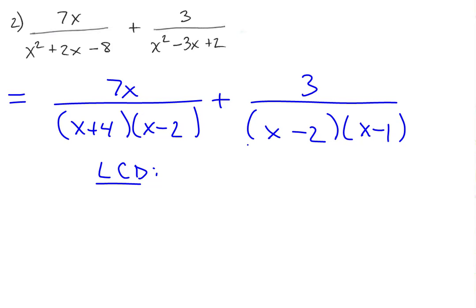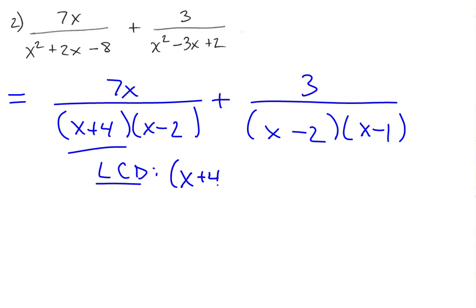So for this part, we're just going to go left to right and make sure we've captured that. The first factor in the denominators from left to right is the x plus 4. Well, there's no higher power of that factor anywhere else in any of the other denominators. So in other words, there is no x plus 4 squared or x plus 4 cubed or something. X plus 4 is the highest. It's the only one. So we use it.